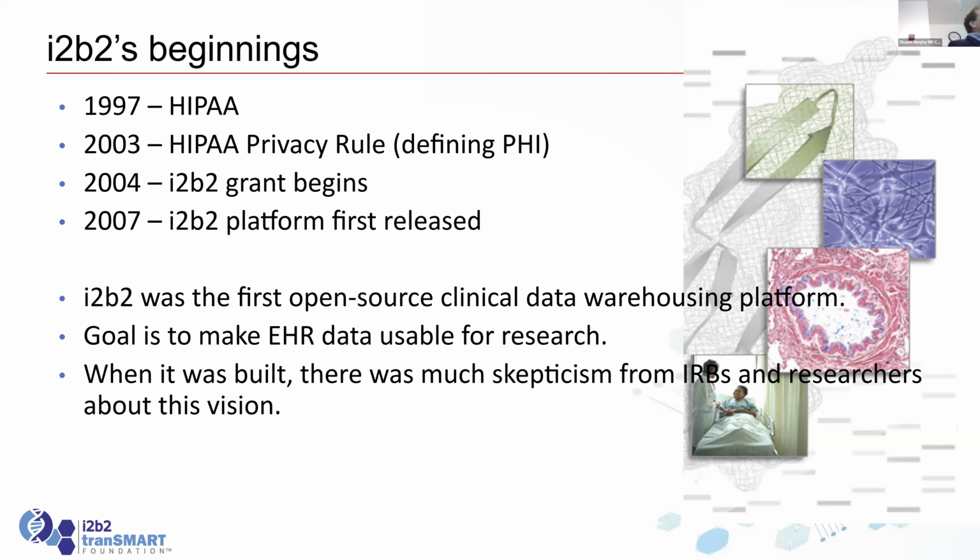So it survived the test of time in that eventually we got pretty universal approval, but that wasn't clear from the beginning. It was a very novel idea at the time.